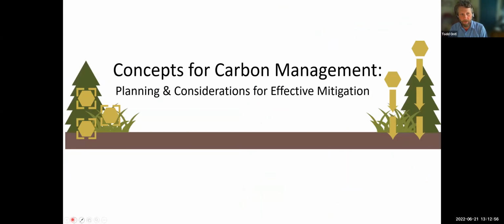But before I get into what that looks like, I want to start out by just making sure that we're all on the same page and understanding some of the concepts for carbon management that are important for planning for effective mitigation.